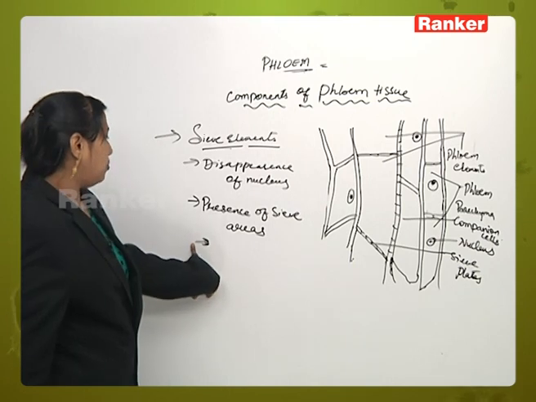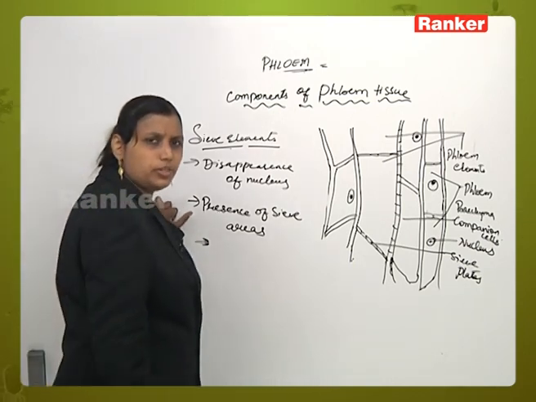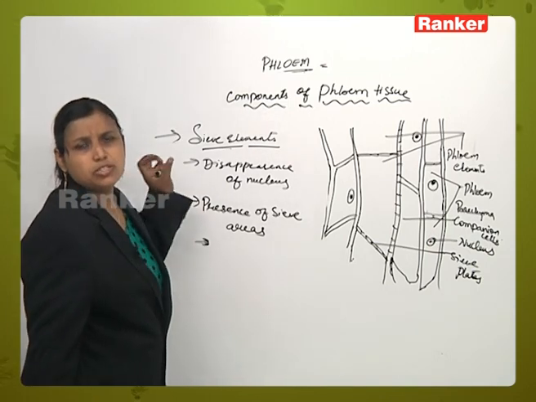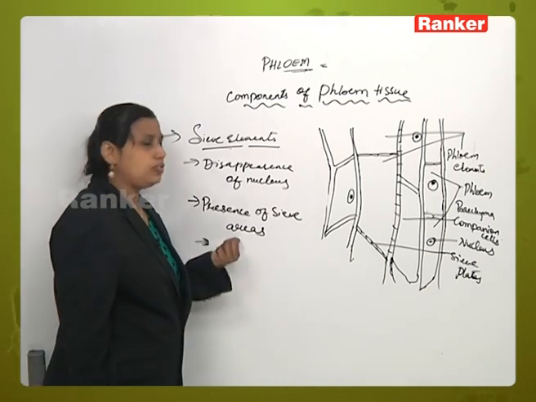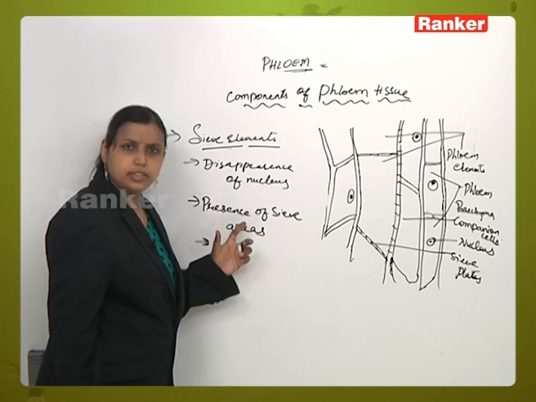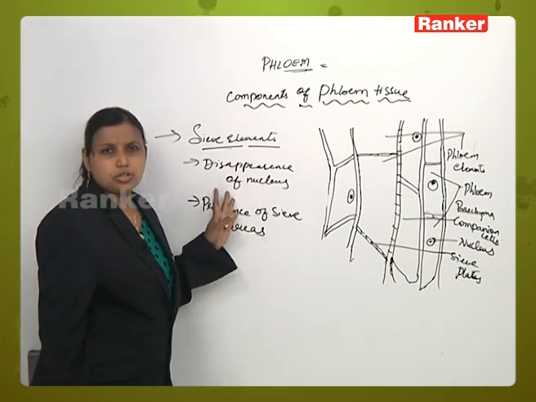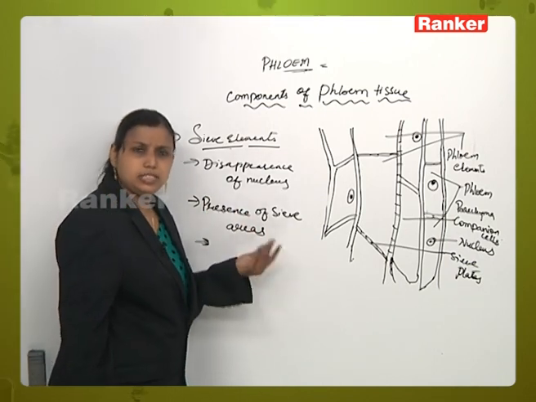Sieve areas are considered important components of the sieve elements. They also play an important role in the translocation of food material. The sieve elements and sieve areas, and the sieve tubes or sieve cells connected with them, play a major role in the translocation of organic solutes or food material from one place to another in the plant body.